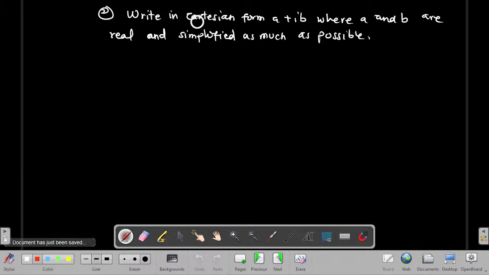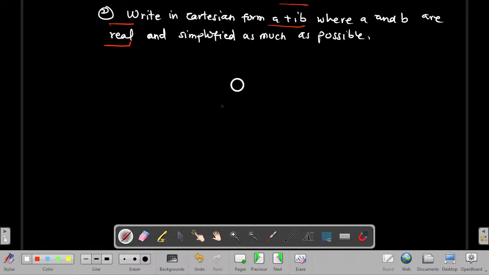It says write in Cartesian form a plus ib, where a and b are real, and simplify it as much as possible. You realize that we have real here, which is a key word for us to look at. We also have the Cartesian form a plus ib. So we are just to convert the complex number into Cartesian form, right?